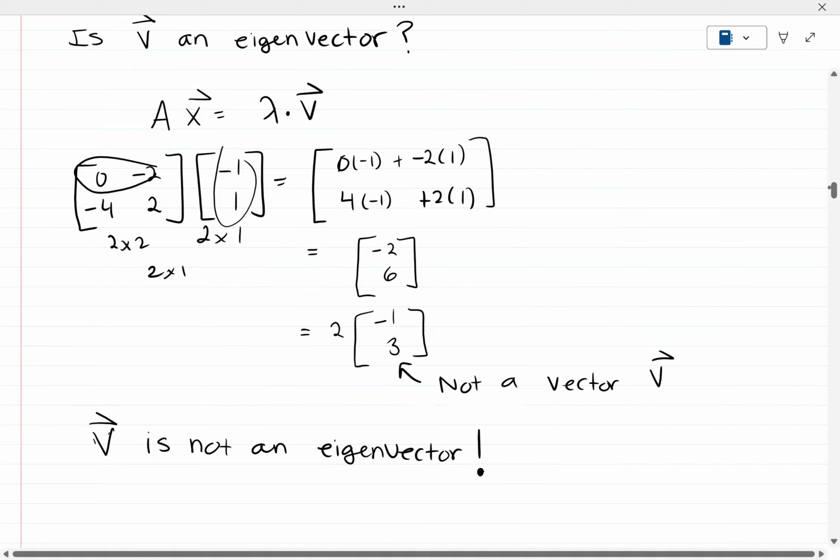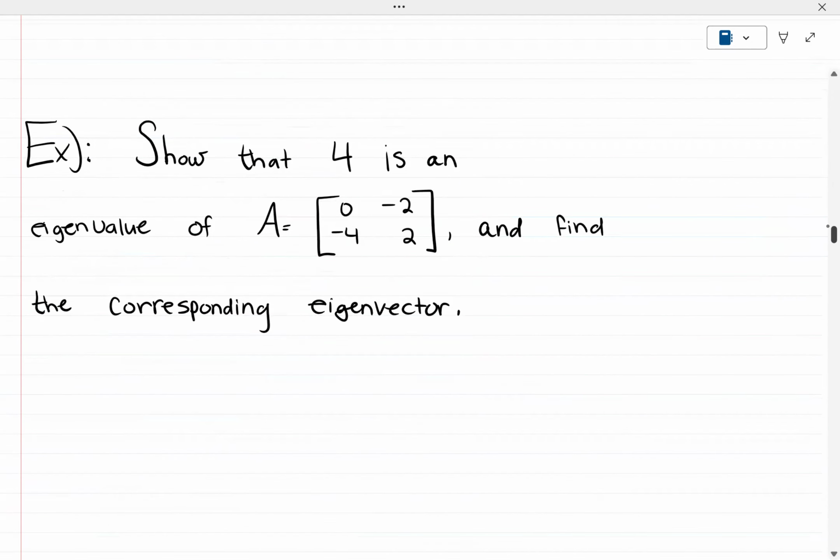Okay, let's move on to another example. This one says, show that 4 is an eigenvalue of matrix A, this 2 by 2, and find the corresponding eigenvector.